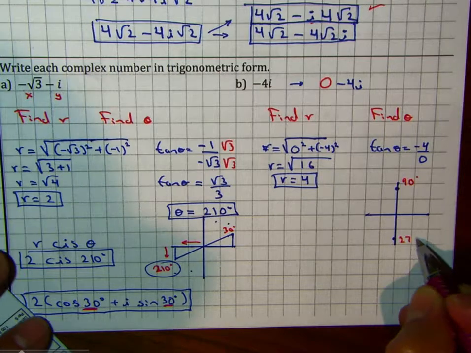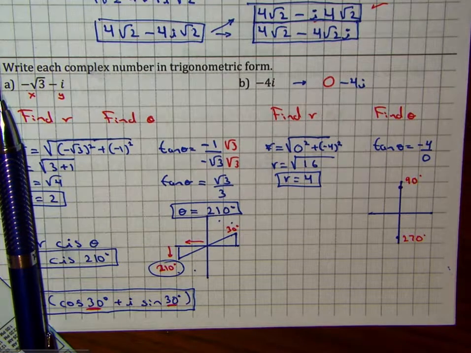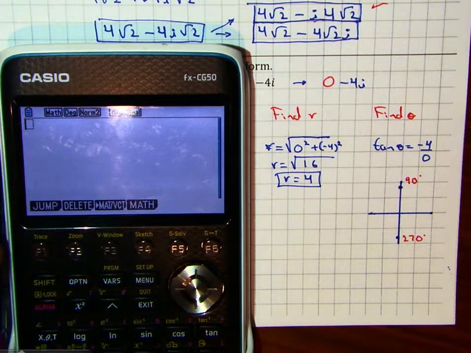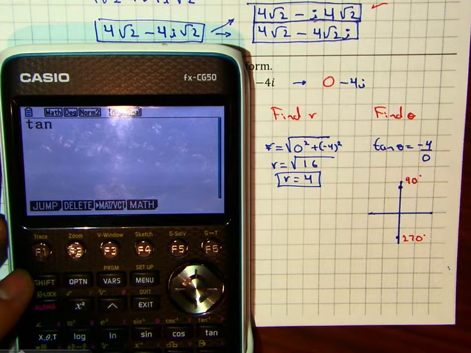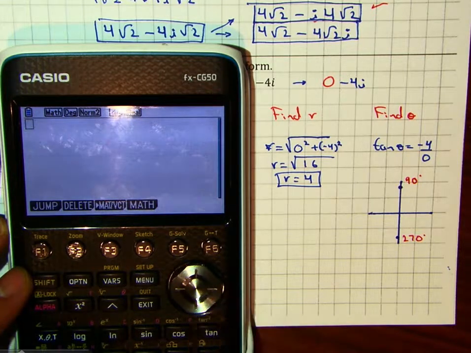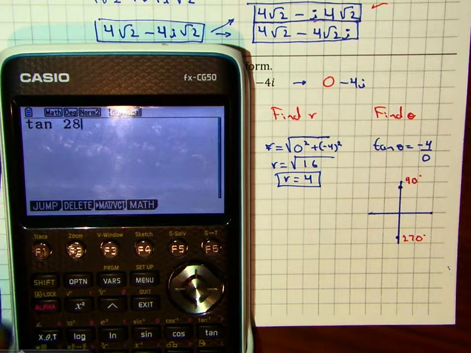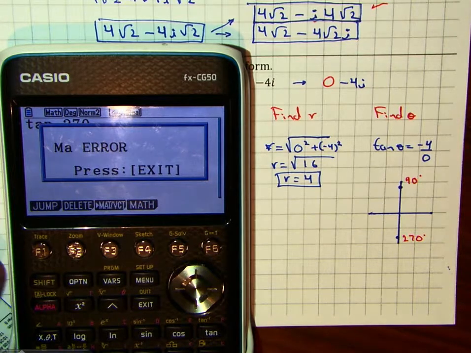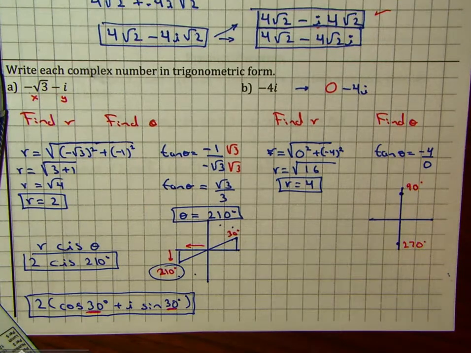And we can try on the calculator. If I just type in the tangent of 90 degrees, that gives me undefined, math error. The tangent of 270 degrees will give you math error as well. Both of them are undefined at those two locations for tangent.